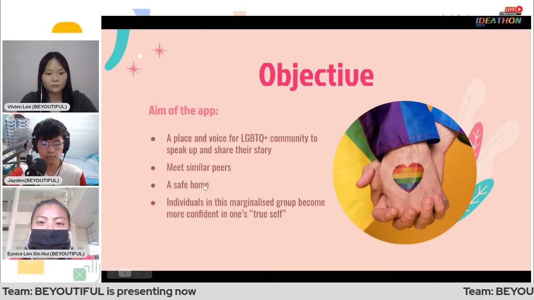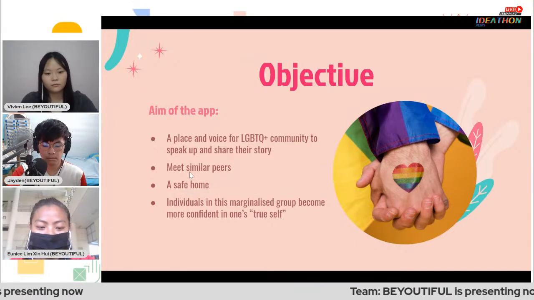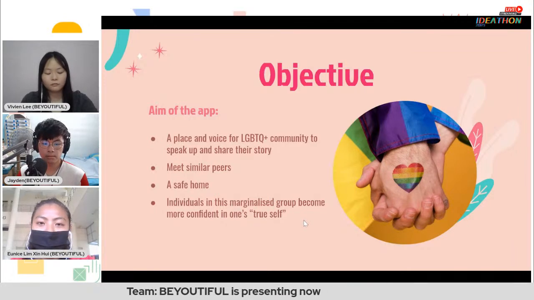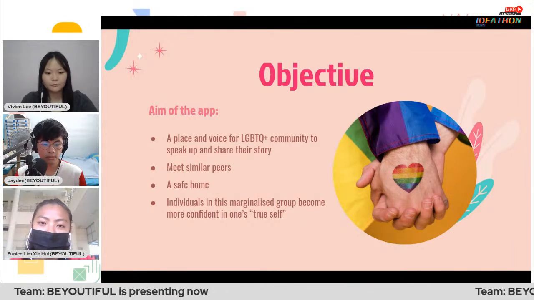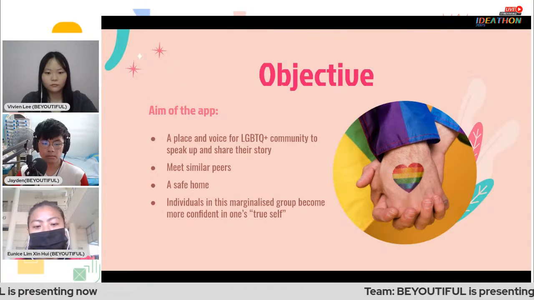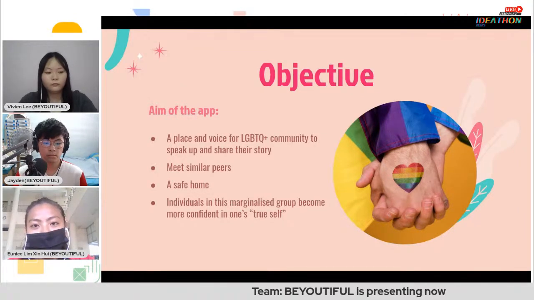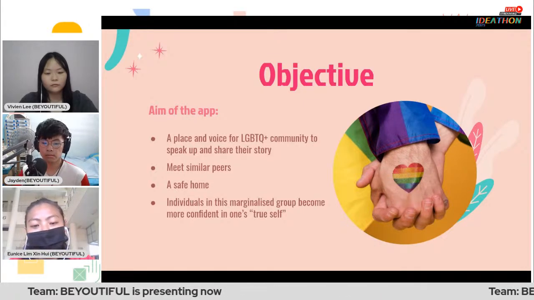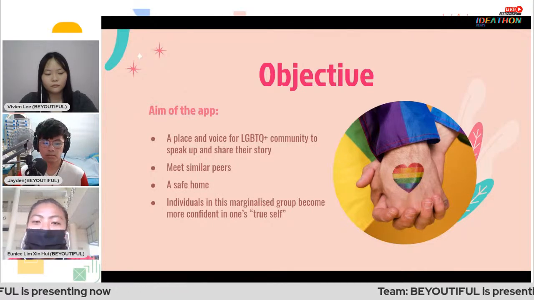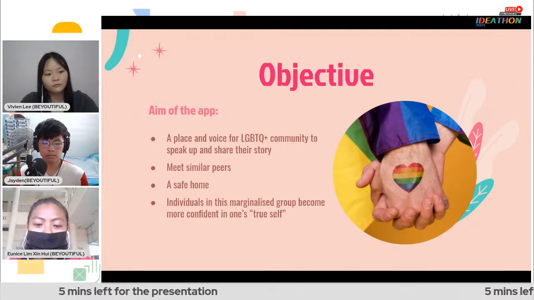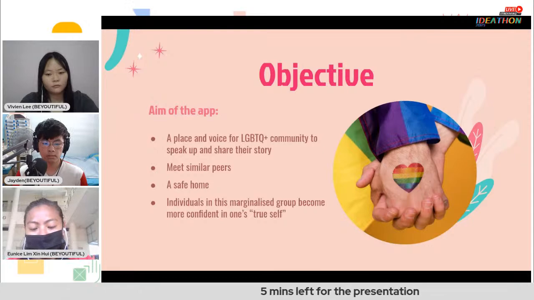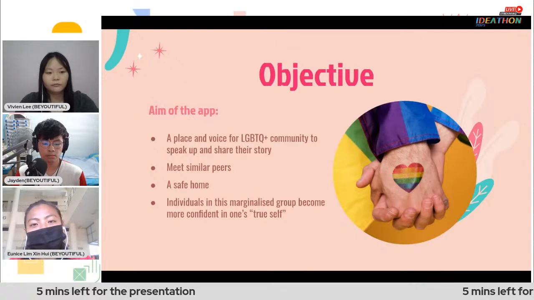Thirdly, we want to provide a safe home for them, so that they are able to speak up without any fear and worry of government and society judging them. And lastly, we hope that individuals in this marginalized group will become more confident in their own true self, so that they are able to summon their courage and confidence and take one step forward.